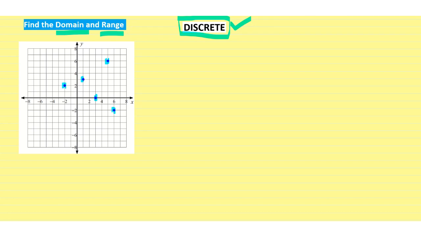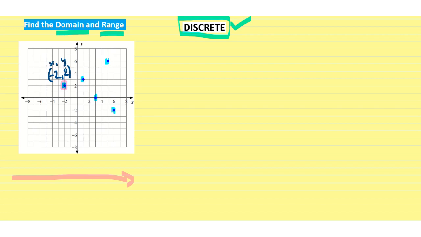Okay, so let's look at the first point. We're always going to be looking to go left to right. So the first point on the far left side is this point right here. And technically its coordinates are -2 and +2. That's the X and Y for that particular point.